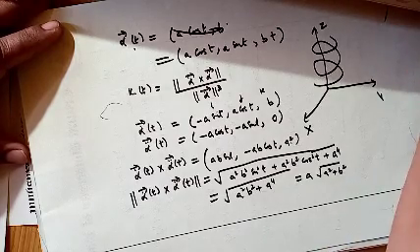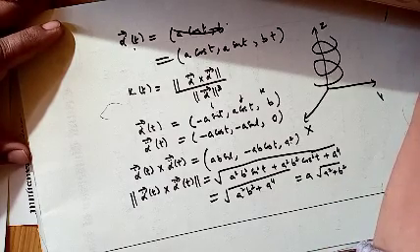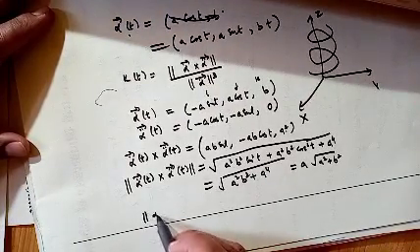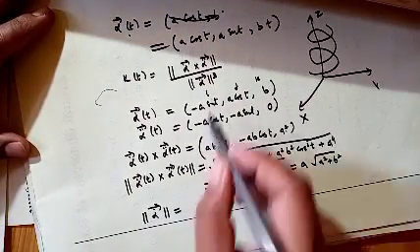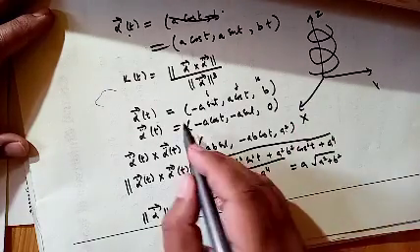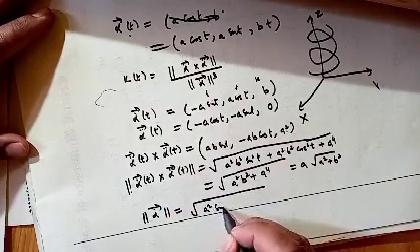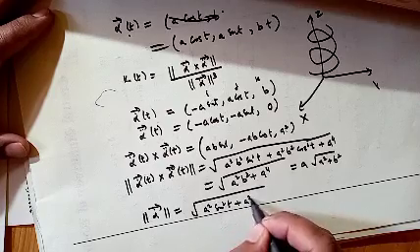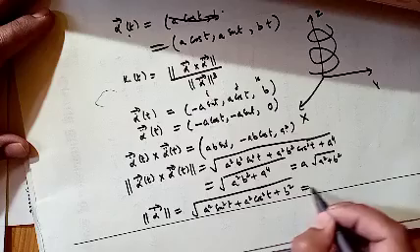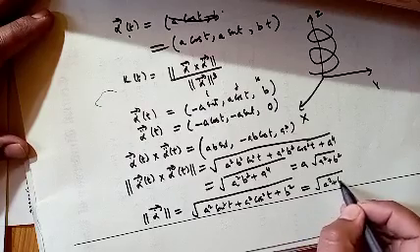But we also have to divide it by the magnitude of alpha dot cubed. So alpha dot in magnitude, just take the magnitude of this vector, would be the square root of a squared sine squared t plus a squared cos squared t plus b squared, which would be nothing but the square root of a squared plus b squared.